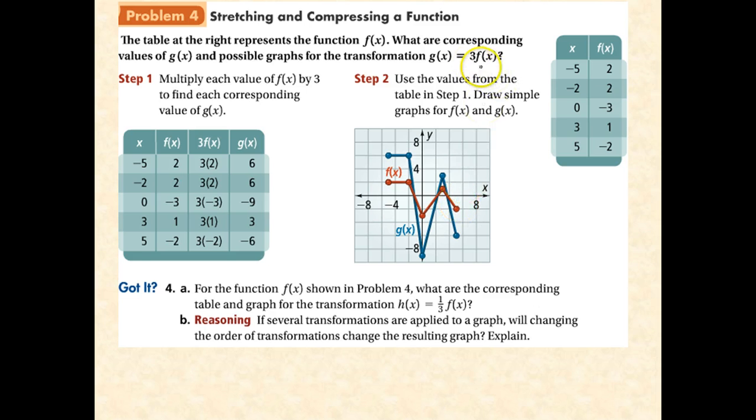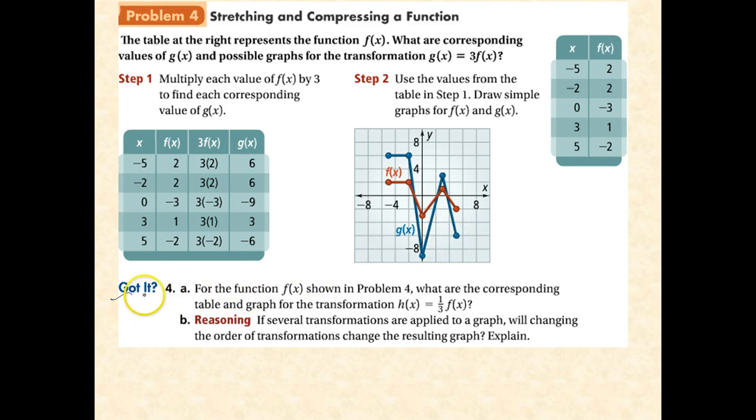So then when we did 3 times f of x, the x values stayed the same, but our y value got 3 times further away, right? So we got negative 5, 6; negative 2, 6; 0, negative 9; 3, 3; and 5, negative 6.